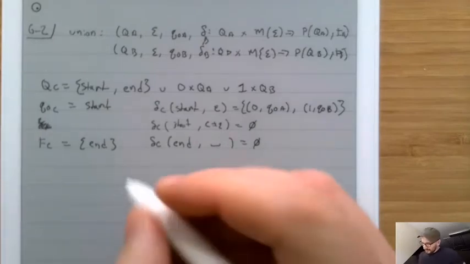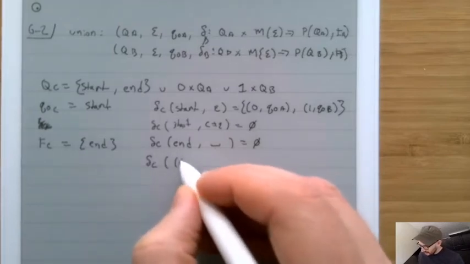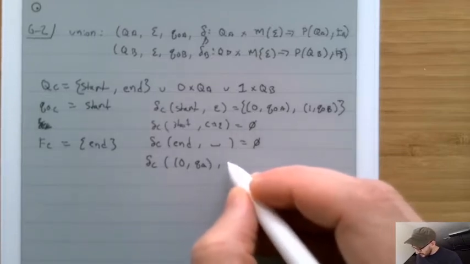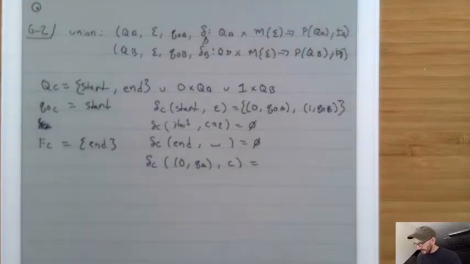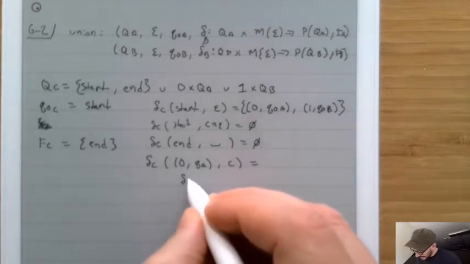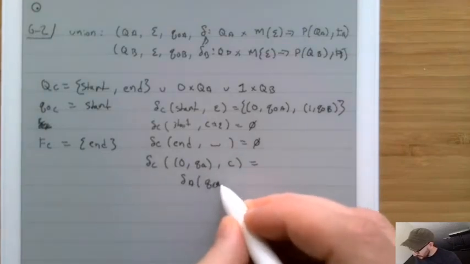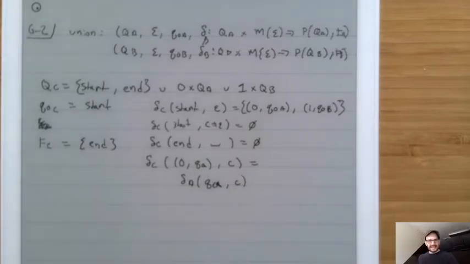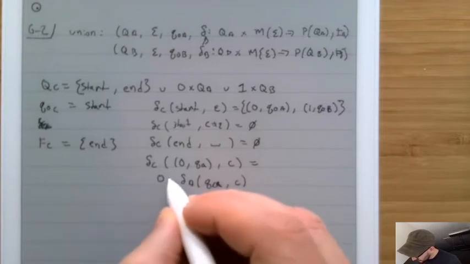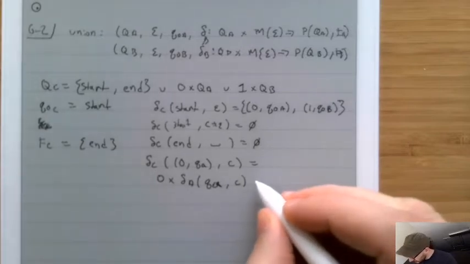So the next ones are quite easy. So delta C on 0, QA, C is equal to, we're going to call delta A on QA and C. Then we're going to take that set that comes back and we're going to pair it with 0 because we go all to the same things. Then we're going to do one more thing, which we're going to union that.